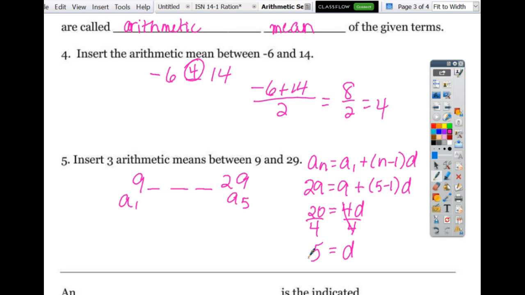So it gives me D is 5. Which means if it's 5, I'm going to add 5. So that gives me the 3 averages between.